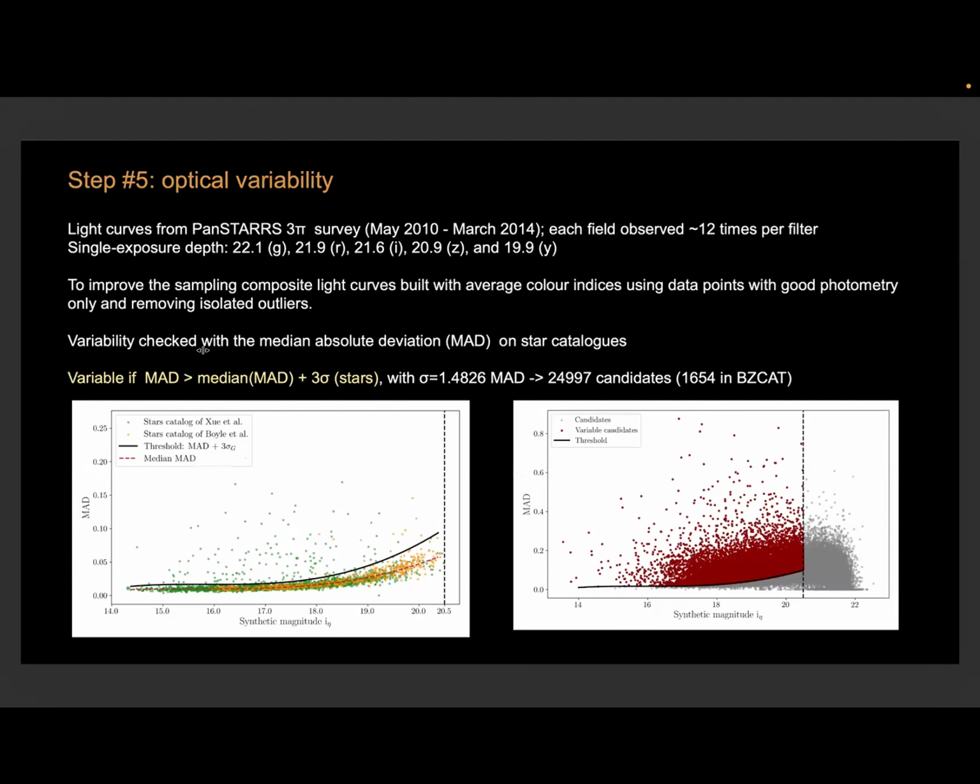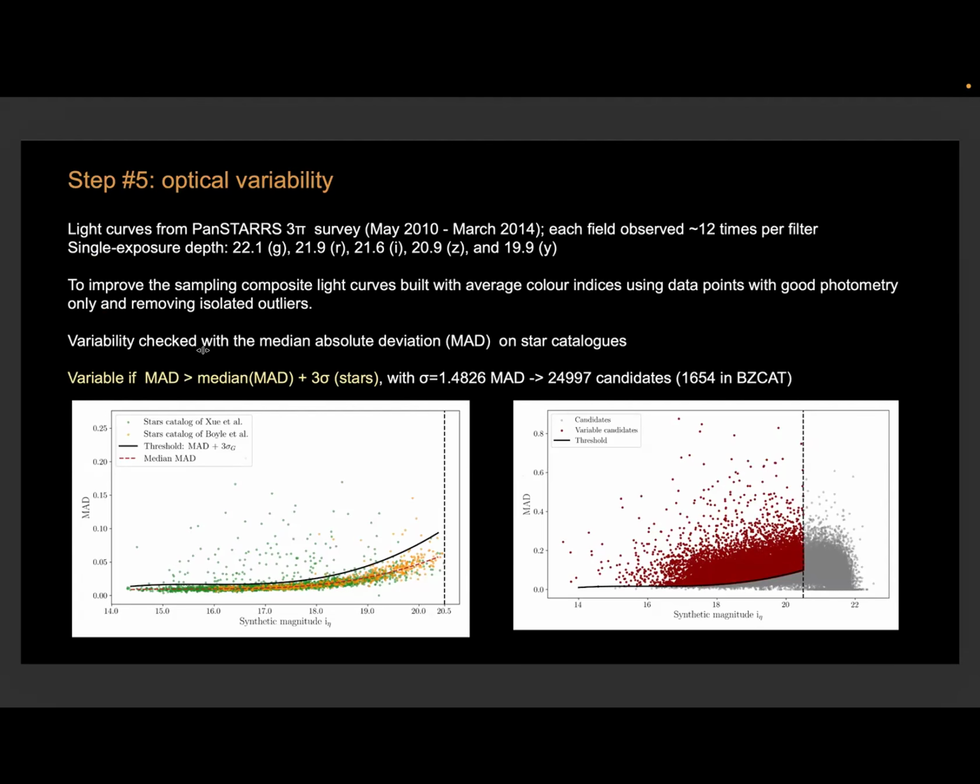And you can see in the lower left plot that our threshold was set by taking for each magnitude bin the median of the MAD plus 3 times the standard deviation, and we applied this threshold.